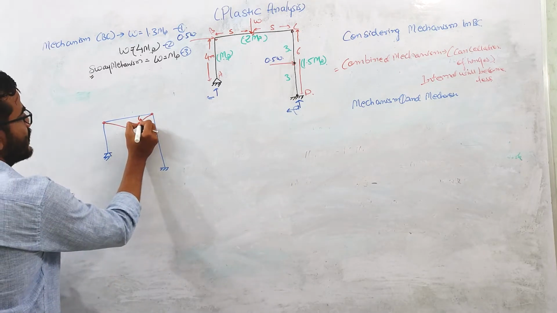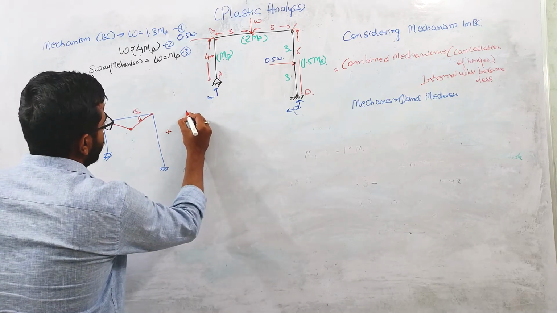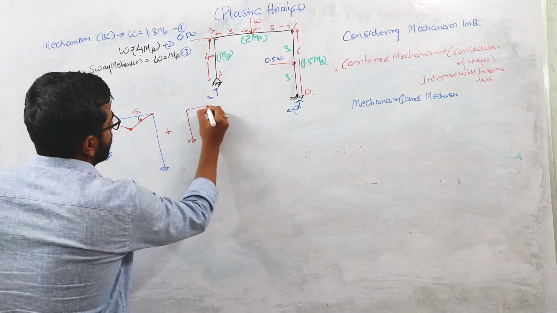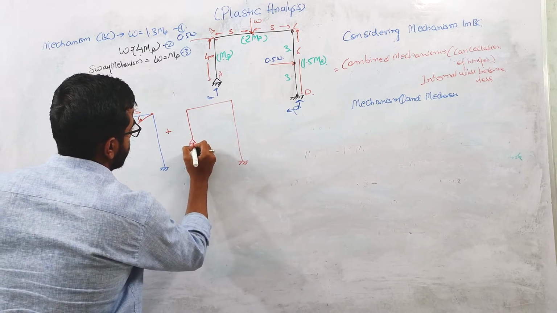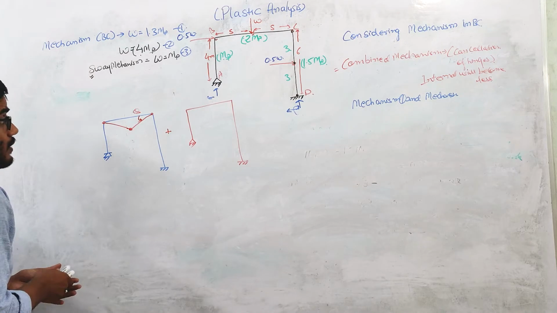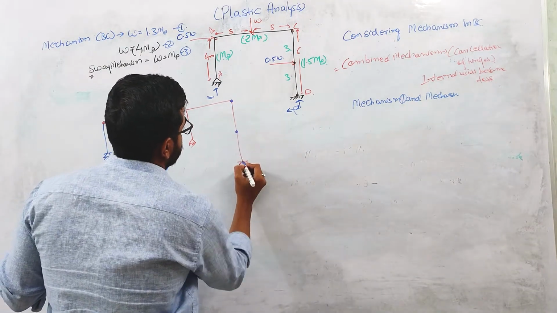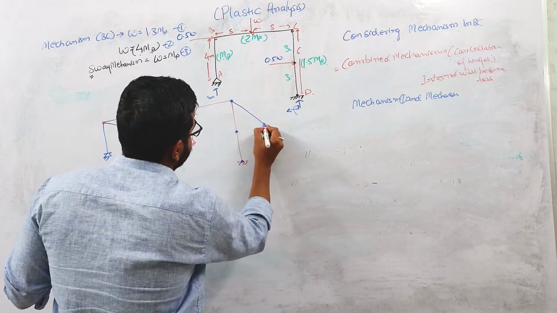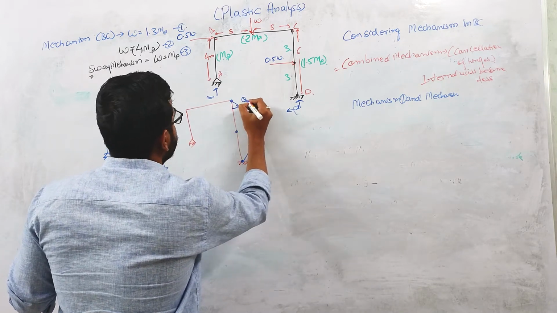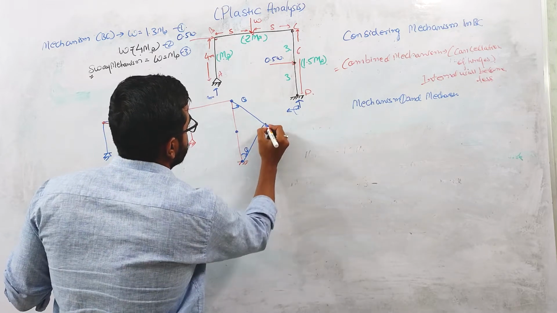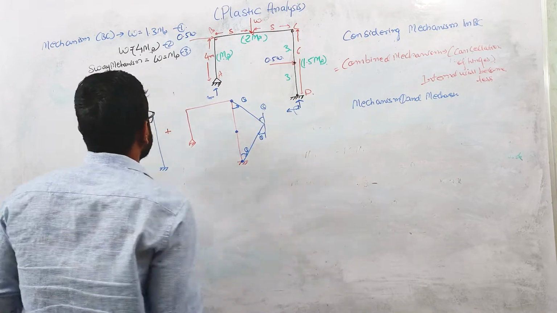Okay, this rotation is theta, right? Now if you add mechanism 2 with mechanism 1, the displacement of this column in mechanism 2 was looking like this. Okay, this rotation is theta, this is again theta, this is theta, and this is theta, right?